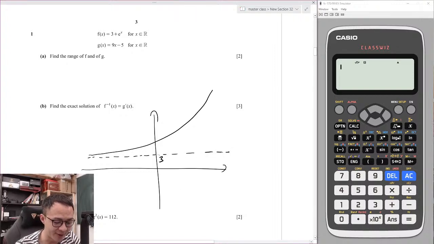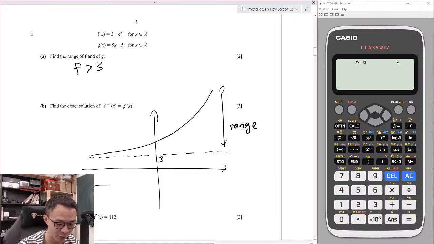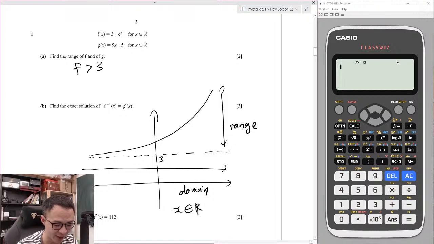So your graph is above 3, so f must be bigger than 3. That's all. This is the range, and here is your domain. Since they say x is an element of the real numbers, your domain is from negative infinity to positive infinity. This is what we mean by the real numbers.